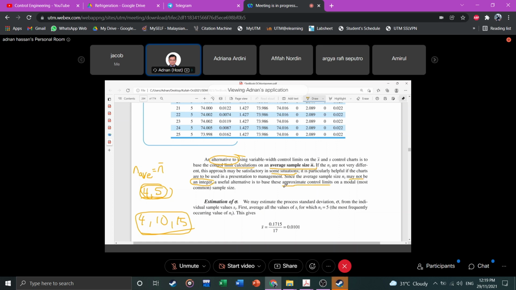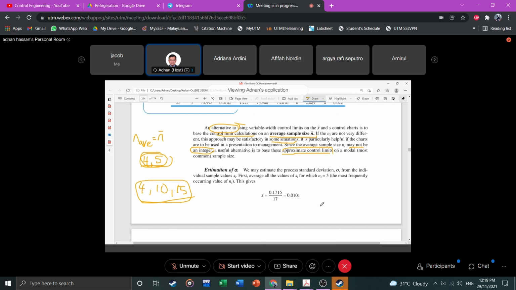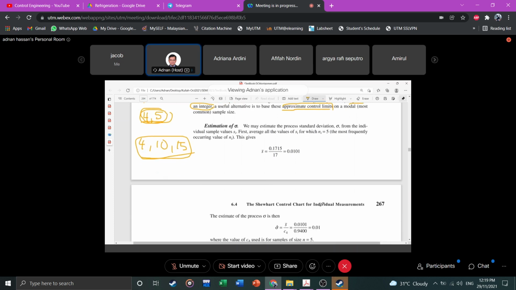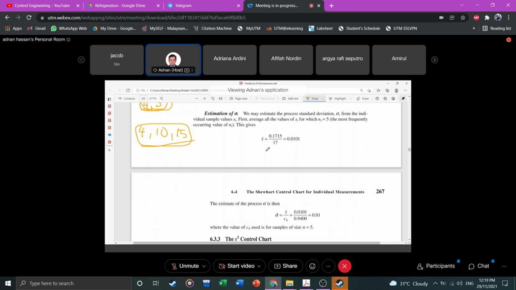So we use approximate control limits to simplify the preparation. In the case of S, you can use this formula to estimate the value of sigma, which is the estimate of S average divided by c4, as we have seen earlier.